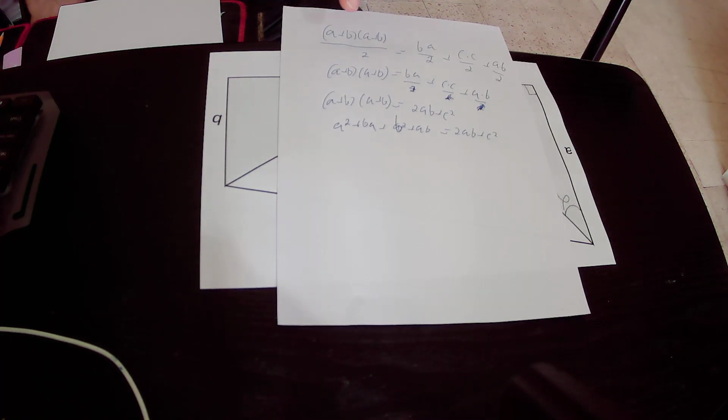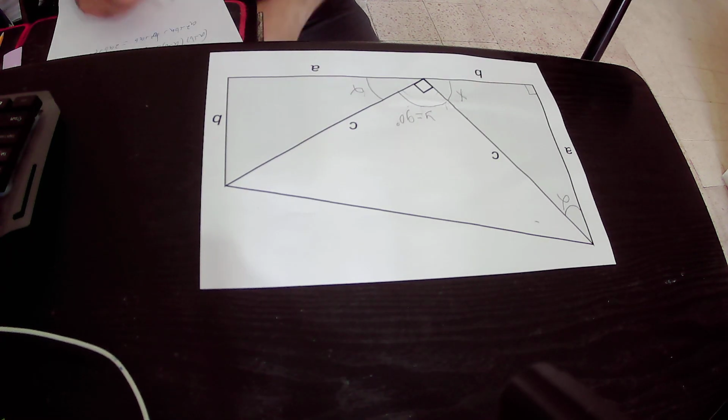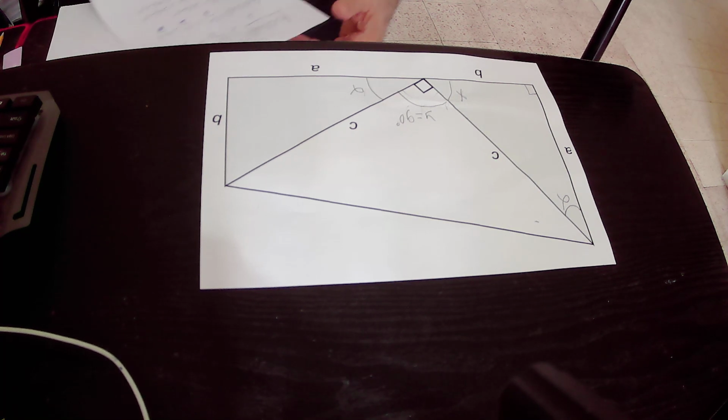So here BA plus AB is 2AB, so we'll write it down. So we got A squared plus B squared plus 2AB equals 2AB plus C squared.